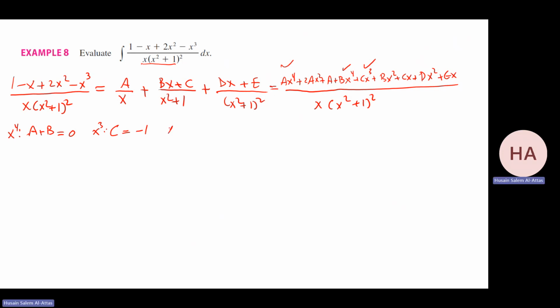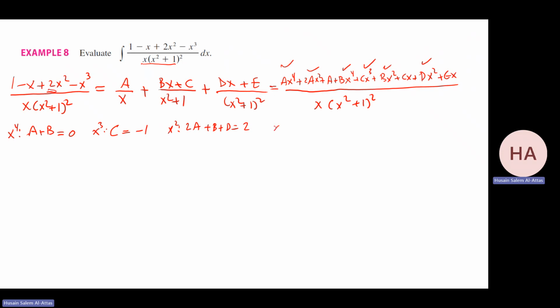Okay, now x squared. What I have for x squared will be 2a, this one gone, plus b plus d, and that should equal 2, which is the coefficient of x squared, which is here. Okay.